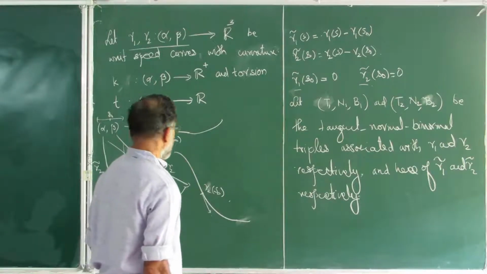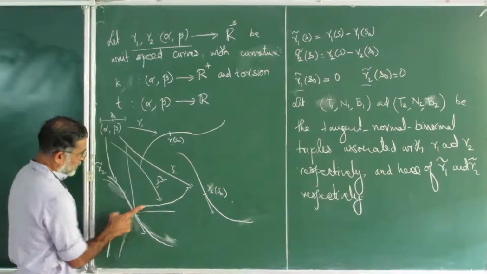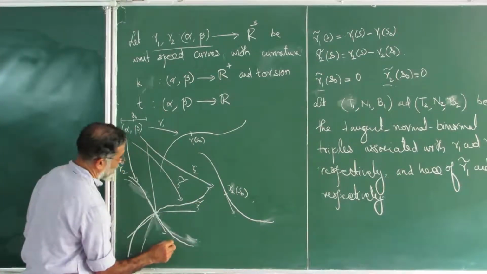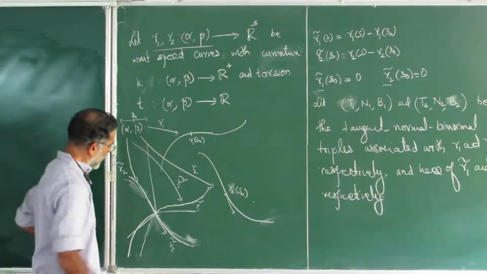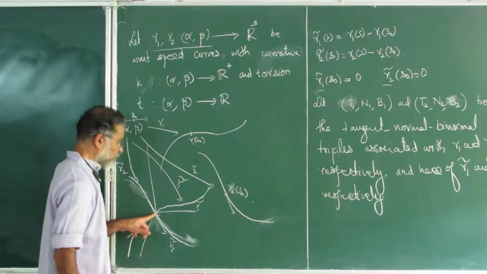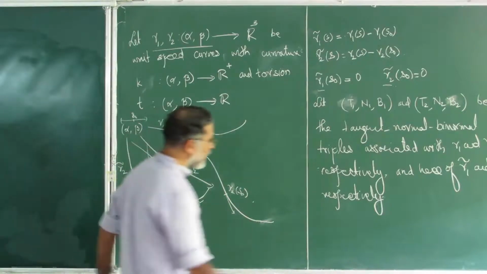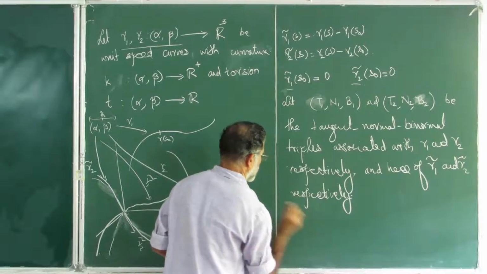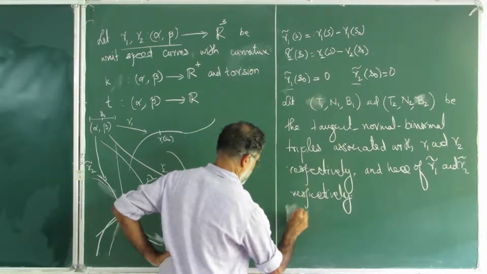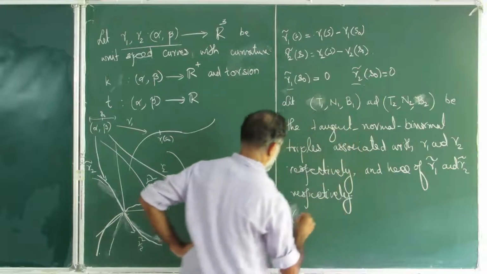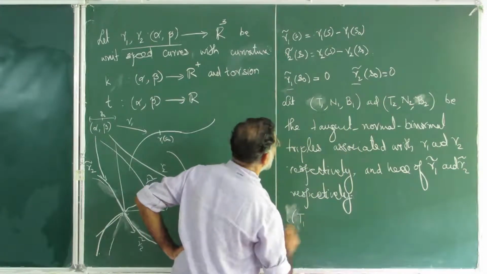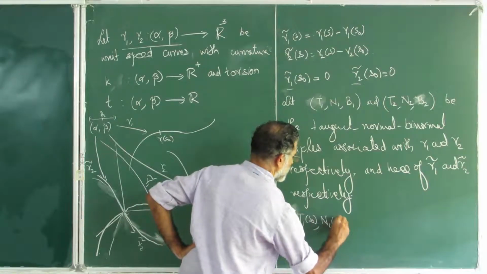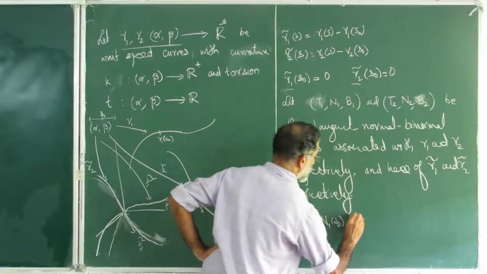Now the problem is for these curves, namely this is your gamma 1 tilde, this is your gamma 2 tilde. For these two curves at this point, you look at the tangent, normal, binormal. So consider, let us write that at the point S0: T1 S0, N1 S0, B1 S0.